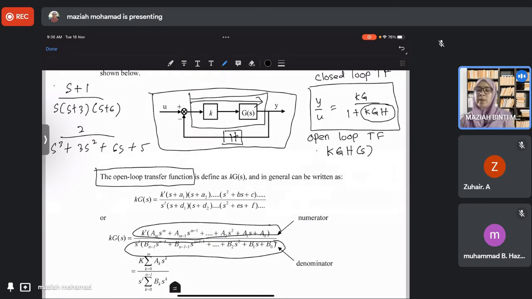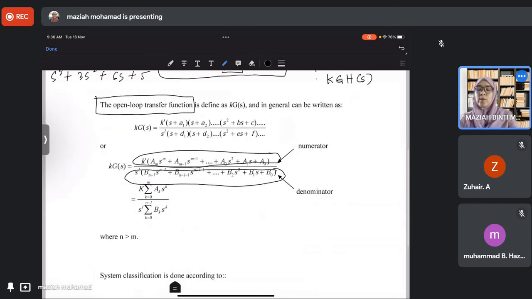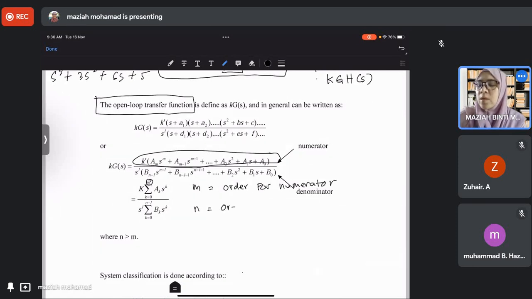If you look here, M is the order of the numerator, and N is the order of the denominator. Normally N is always bigger than M.